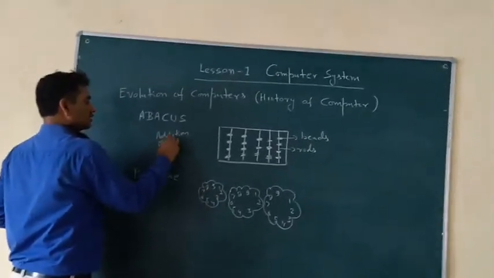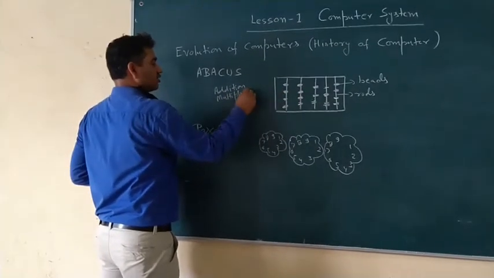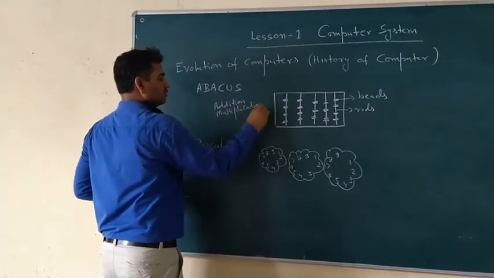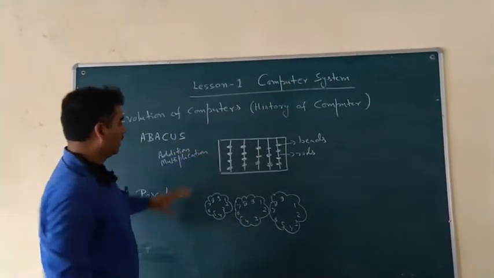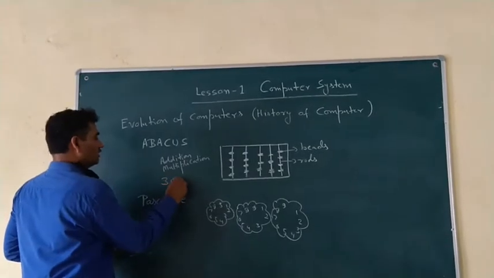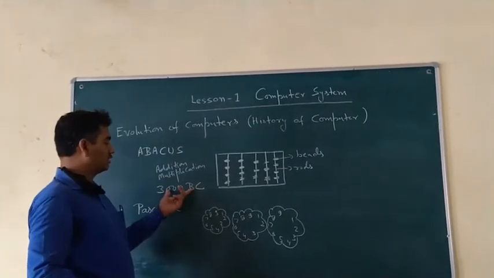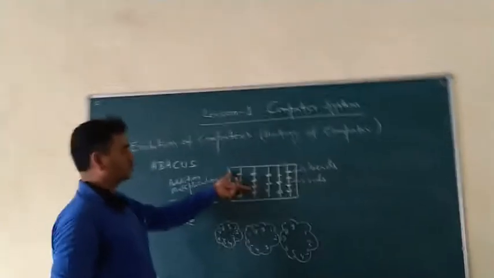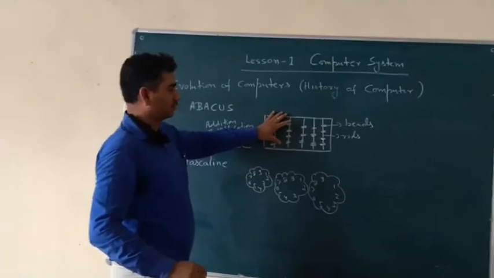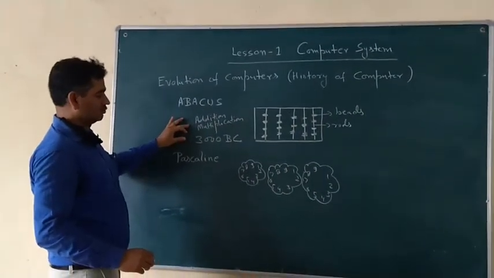This is not an electronic device. This is a mechanical device. This was made in China around 3000 BC. It's a very old computer, not electronic, and it was used for addition and multiplication.